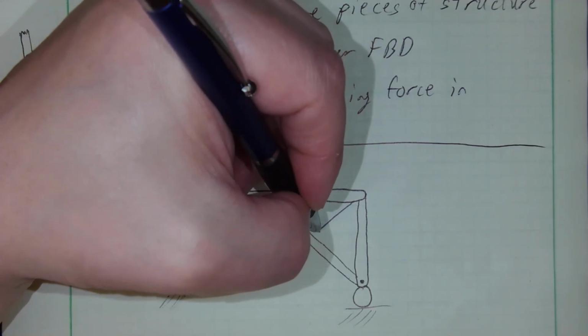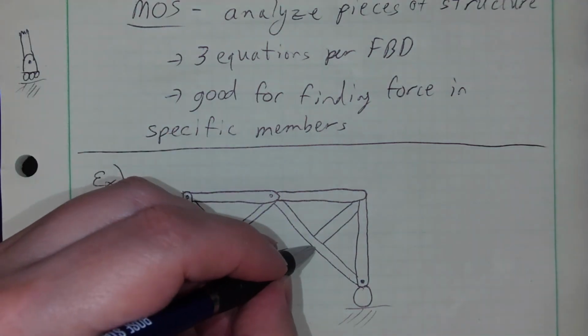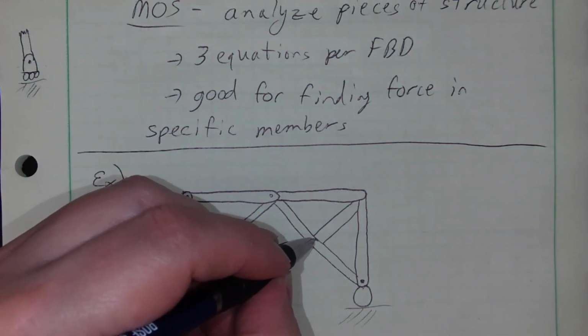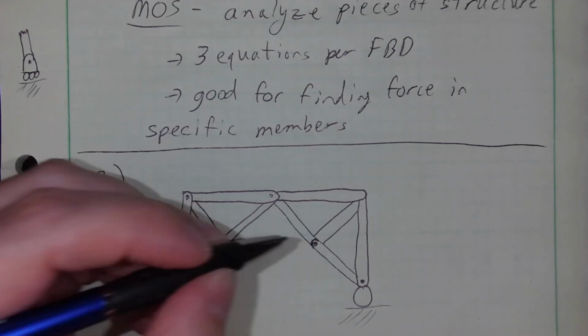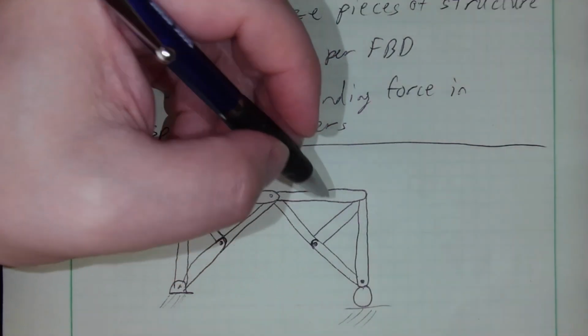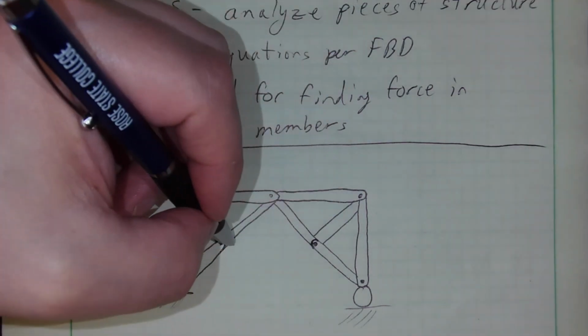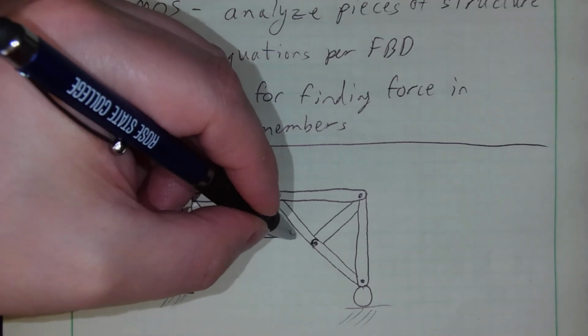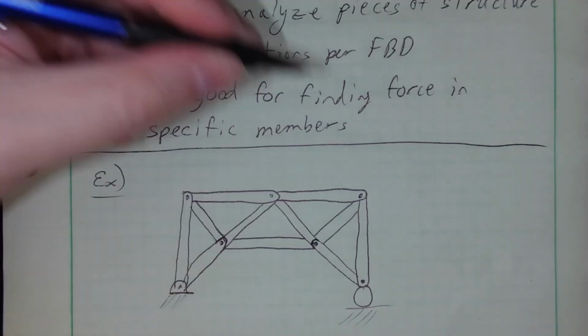You're going to have a member coming right here, and then where those two meet, two different members get joined right there by a pin. So I've got 1, 2, 3 members all joined right here at this pin. Same thing up here. And then finally, I've got one member going from here to here, pinned here and pinned there.